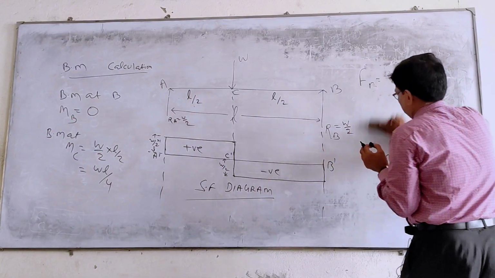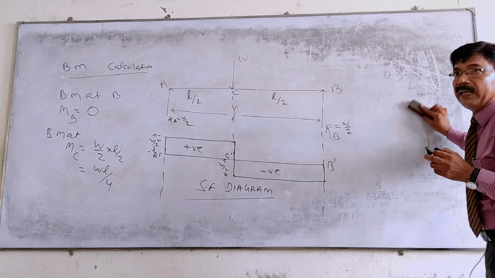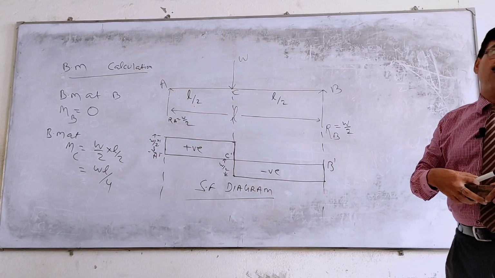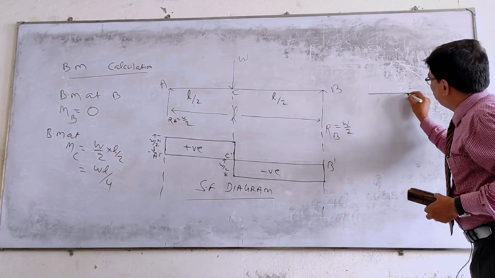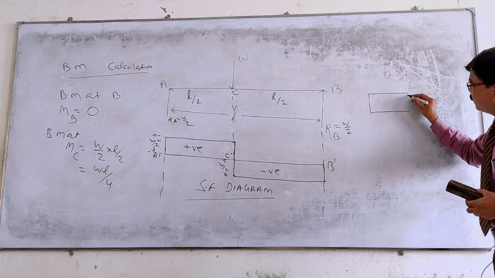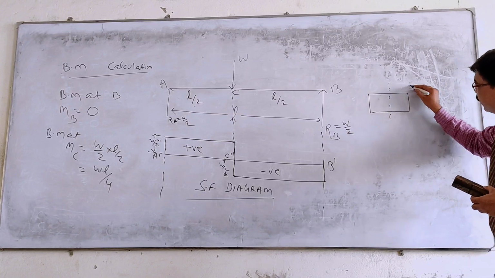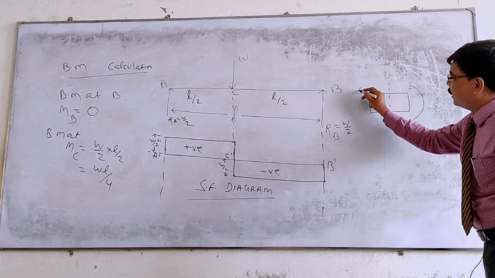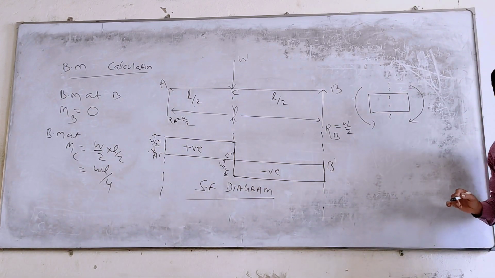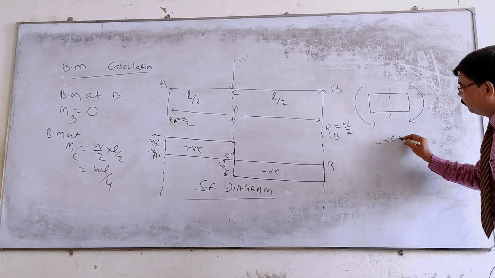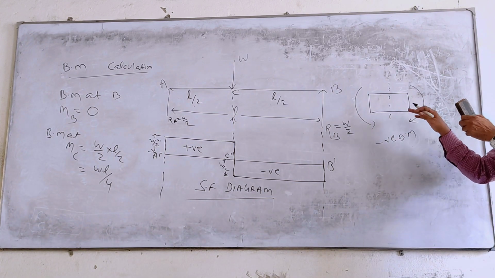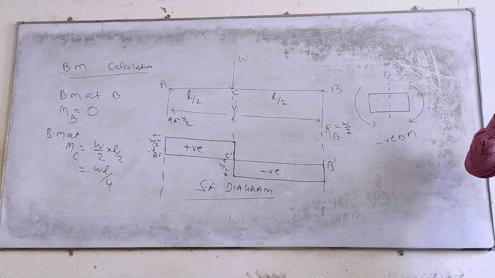Now the sign convention. Just like shear force, we are taking two signs, positive and negative. Similarly, for bending moment there are also two signs. Suppose this is the beam and this is the section. If the right of the section is clockwise and the left of the section is anti-clockwise, then the bending moment will be negative. This is the sign convention. In some books it is just the opposite, so you follow any one sign convention.